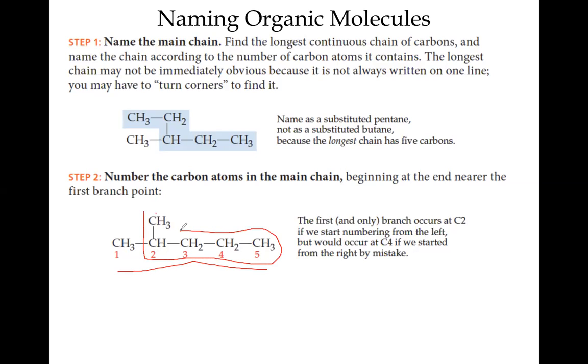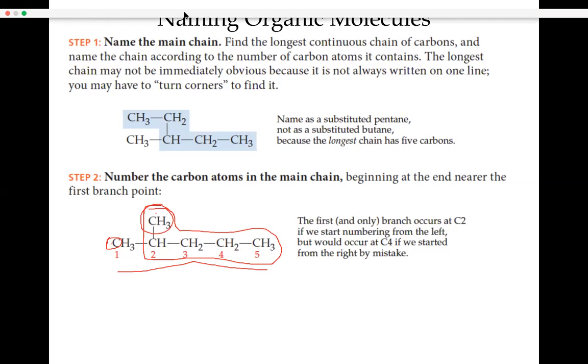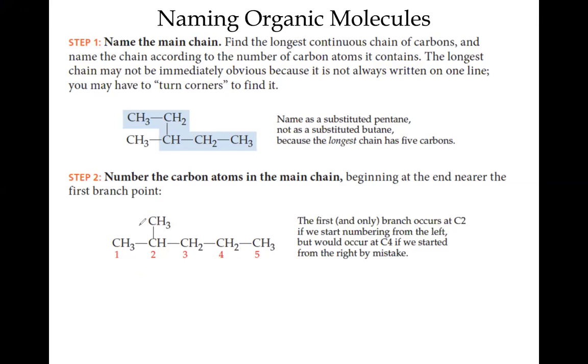In this case, it doesn't matter if we number this carbon as 1 or if we number this carbon as 1, because it's going to end up being the same thing either way. But we definitely want to number it from this end, because one of these carbons is going to be considered a branch. One of these is going to be a methyl group, right? It's going to be on 2. If this is 1 or if this is 1, it doesn't matter because the branch is going to be coming off of this second carbon.